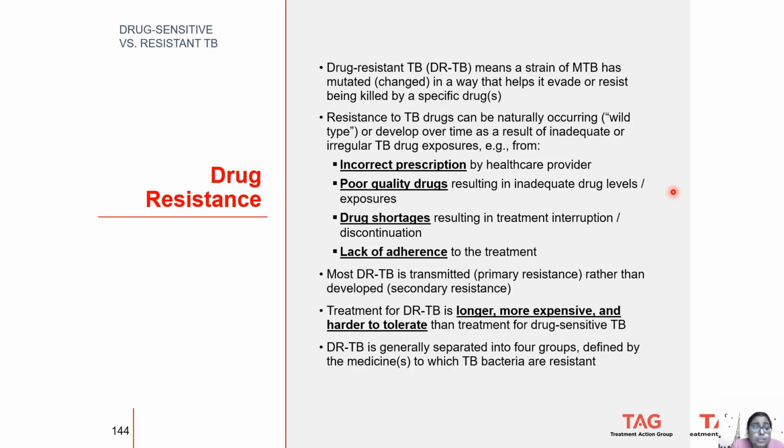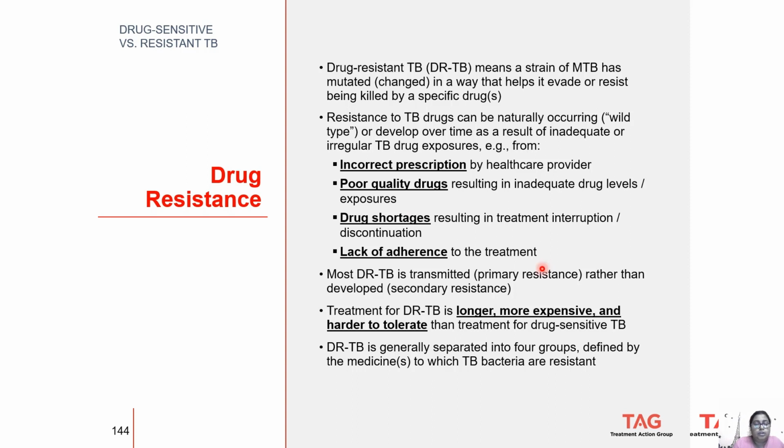So that is what has led to drug resistant TB and all of that. Okay, so poor quality drugs resulting in inadequate drug levels, incorrect prescription by healthcare providers, drug shortages resulting in treatment interruption, lack of adherence to the treatment, very important. All these are man-made problems that have led to the drug resistance of so many bacteria around us.